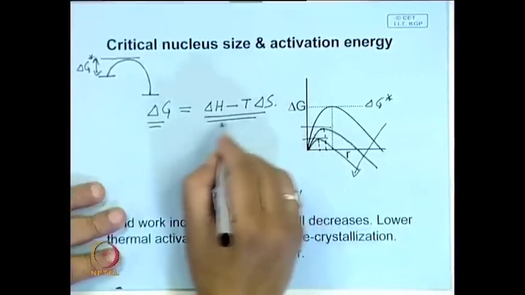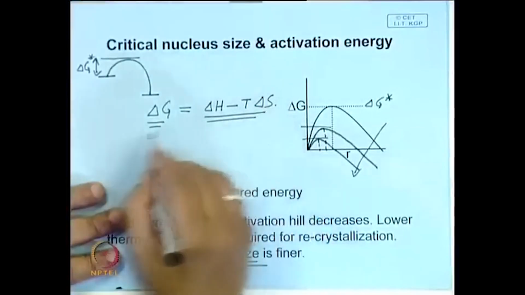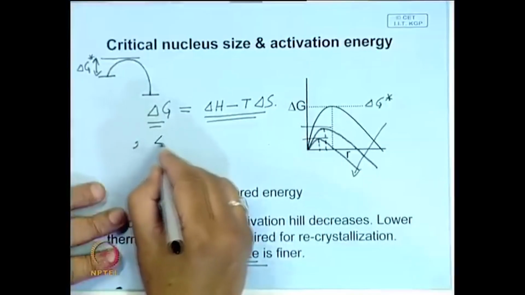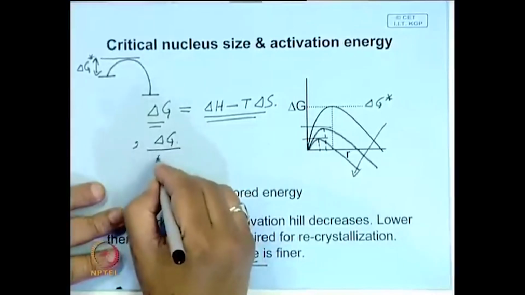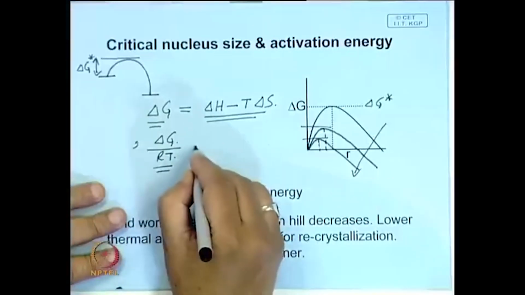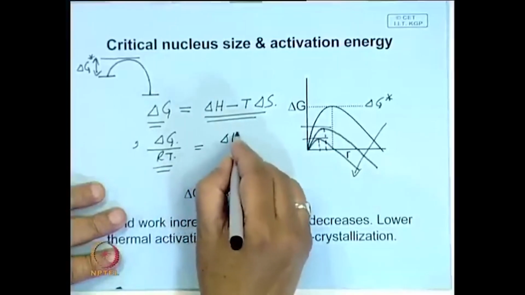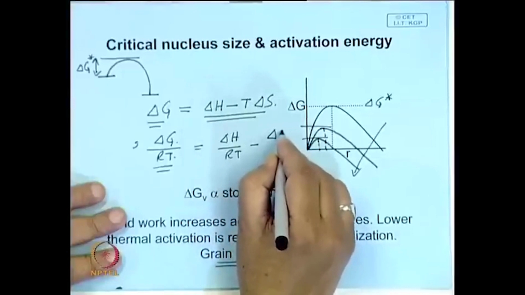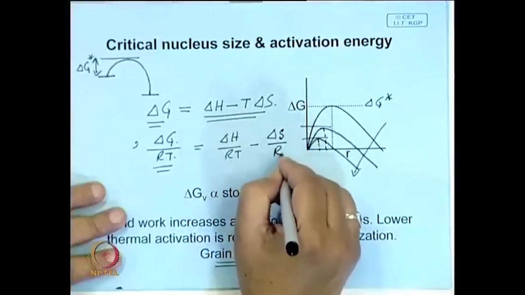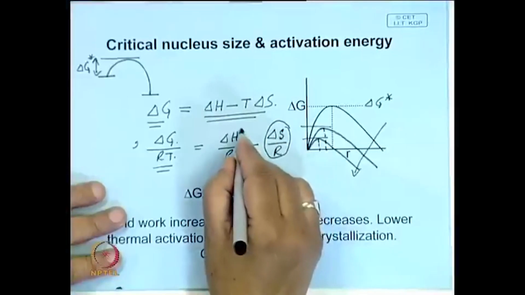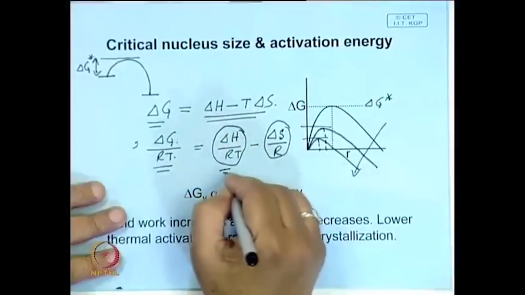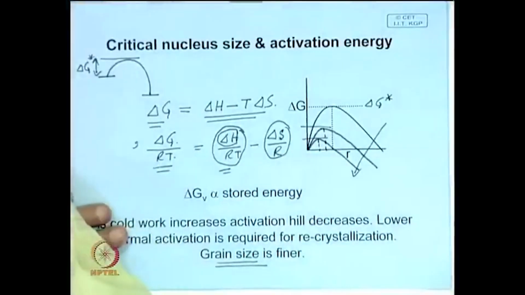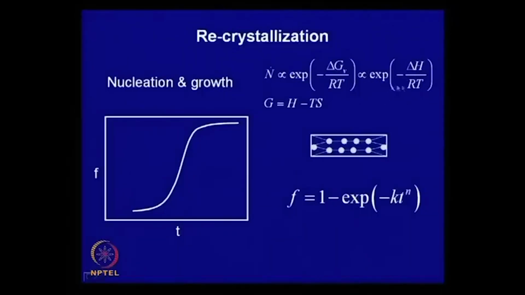When you split the two, you know that there is a pre-exponent term: delta G by RT becomes delta H by RT minus delta S by R. So, this does not depend on temperature, only this part is temperature dependent, and this is called the activation energy of recrystallization. This is what is shown over here.